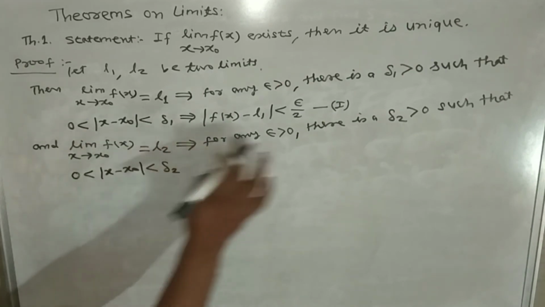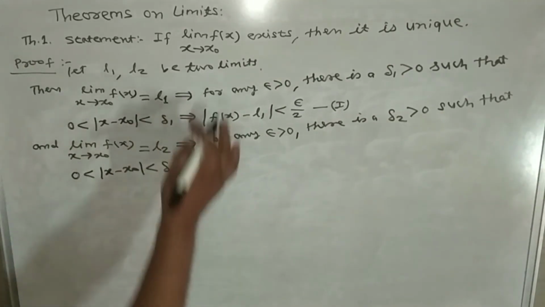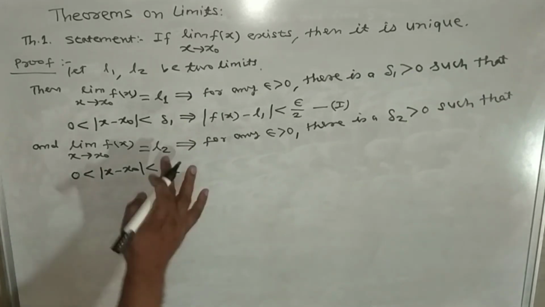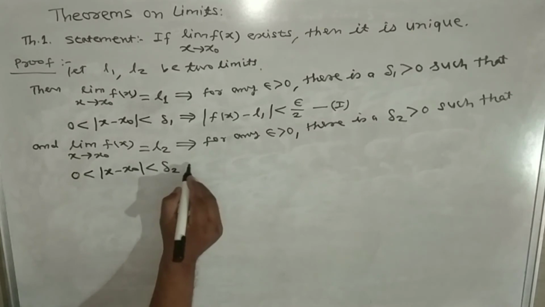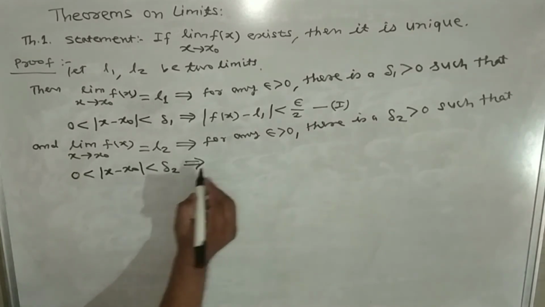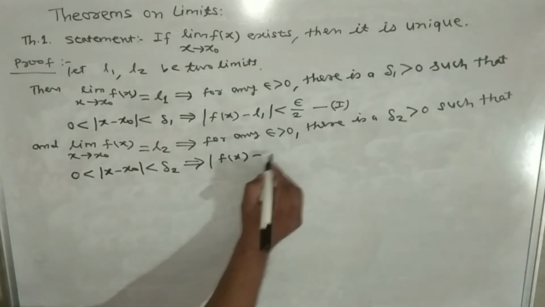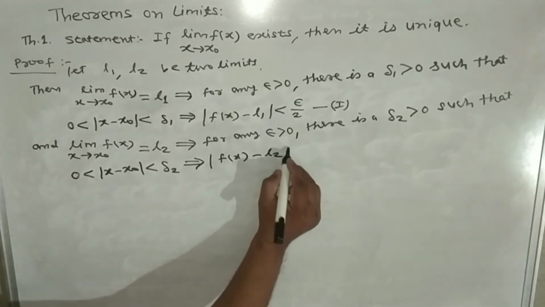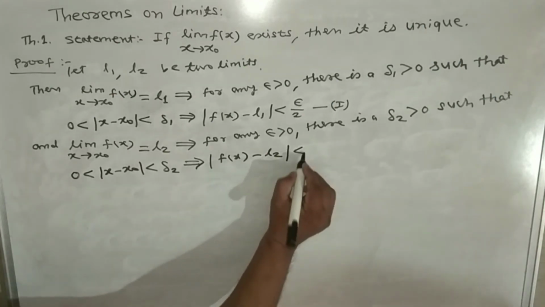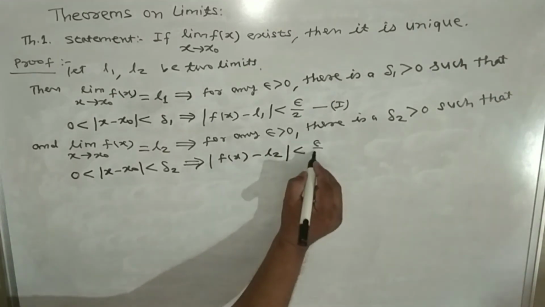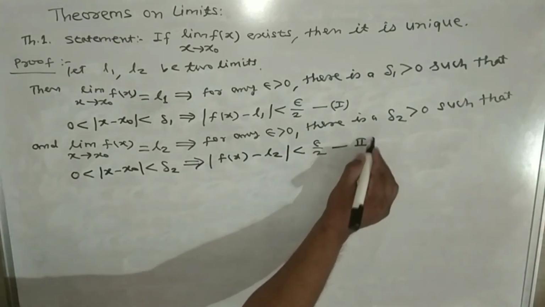So in place of L1 you write L2, and in place of delta 1 there is delta 2. So this implies that mod of f of x minus L2 is strictly less than epsilon by 2. Suppose this is equation second.